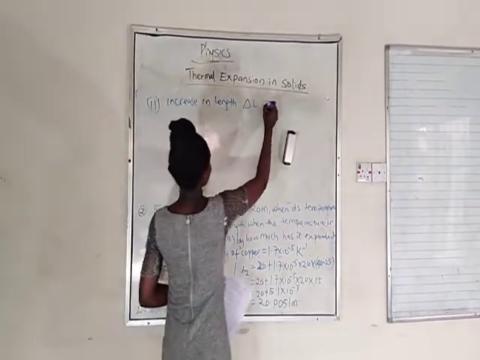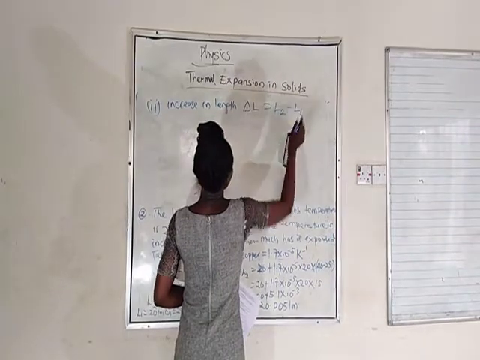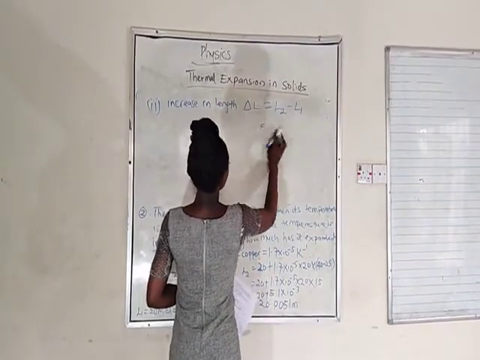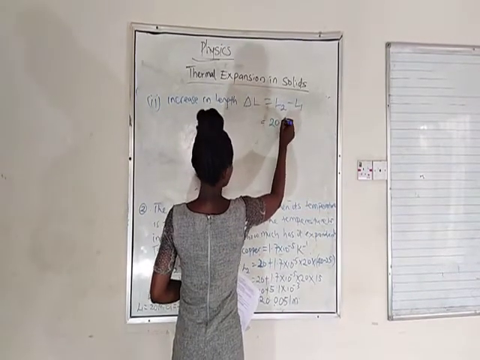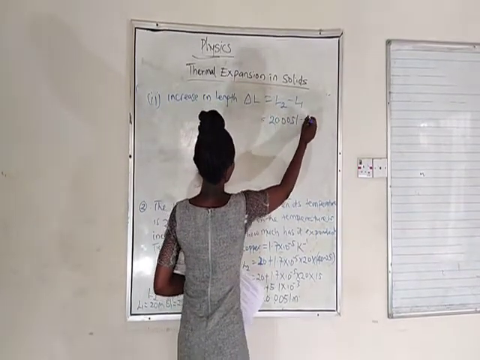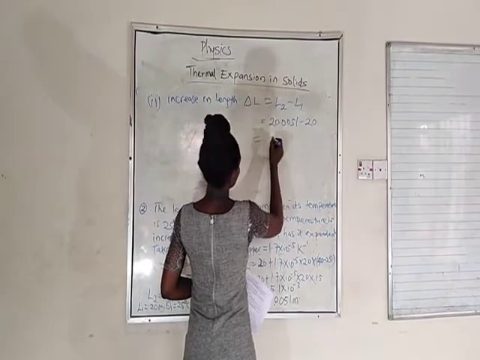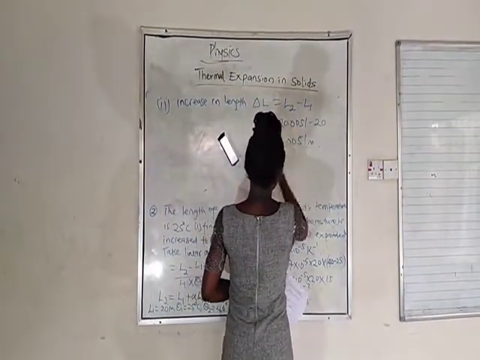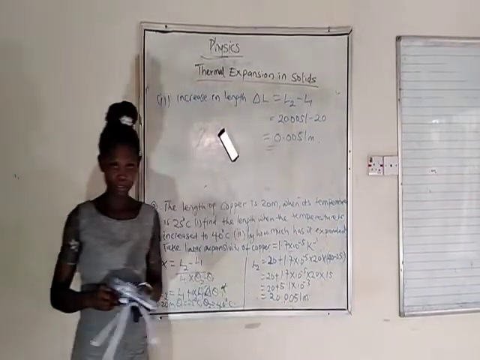Change in L. And that's going to give us L2 minus L1, which is 20.0051 minus 20, which is definitely 0.0051 meters. So we have done justice to that question.